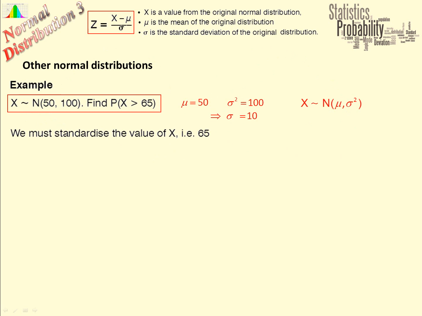So now we're going to standardize that value of 65 before looking in the Z table. Using the formula, we get 1.5. So P(X greater than 65) is the probability that Z is greater than 1.5. So we've used that formula to convert the 65 to 1.5.